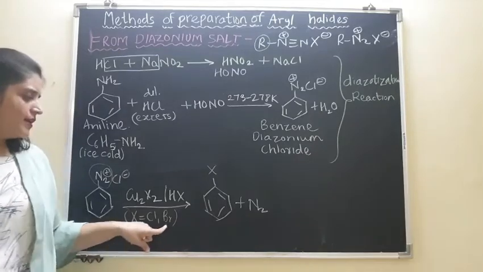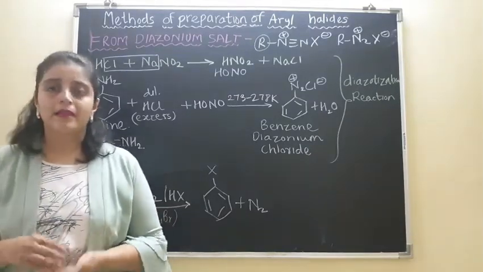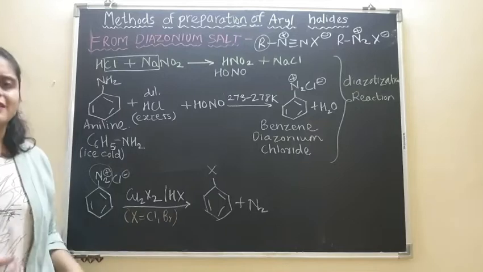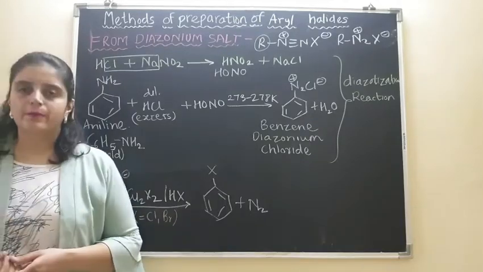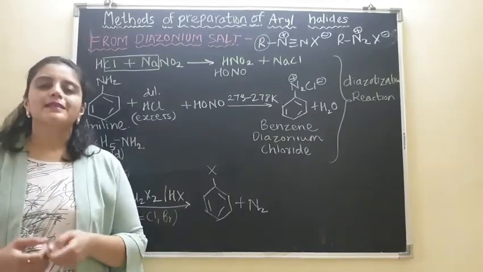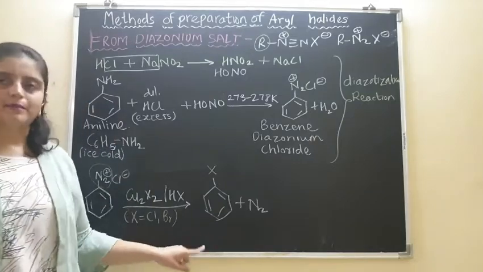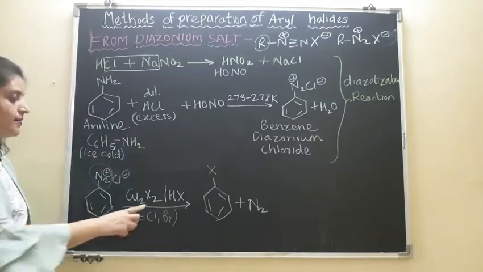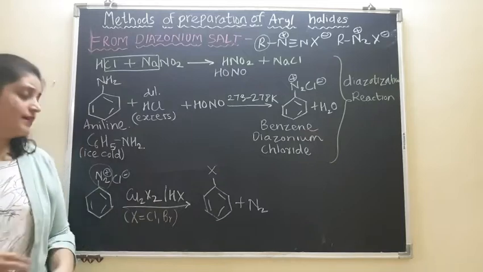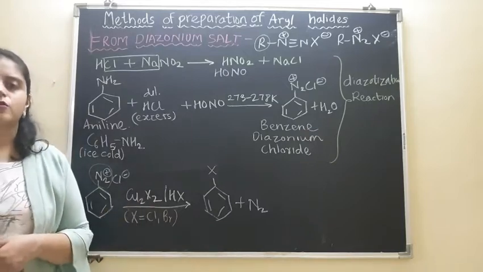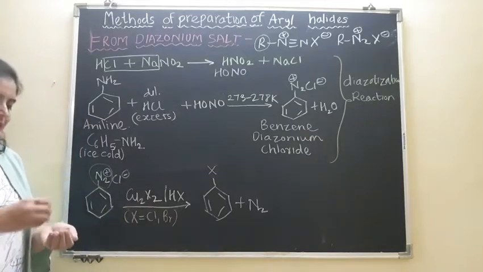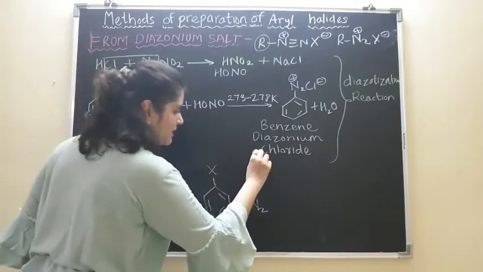Now here I have written only chlorine and bromine. Why so? Because it doesn't mean that iodobenzene cannot be prepared by this method. Iodobenzene can also be prepared by this method, but it doesn't require Cu2X2. I'll write the reaction so that you understand.